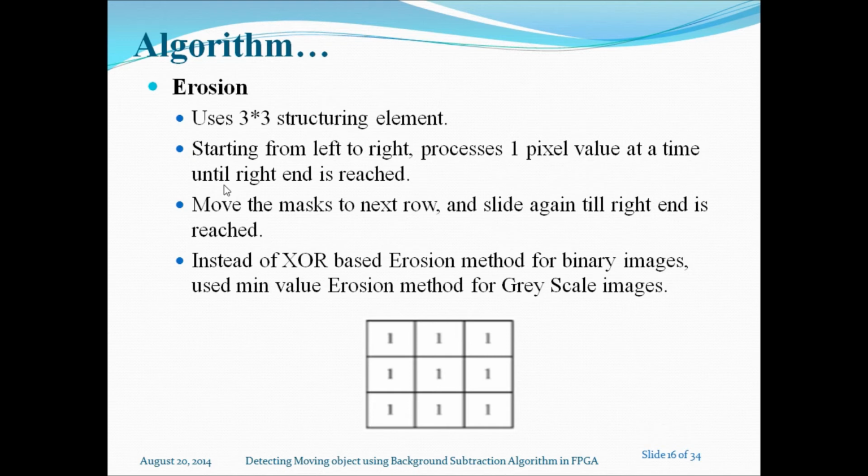Instead of using the XOR-based erosion method for binary images, we have used the minimum value erosion method for a grayscale image. Here for each target pixel that we want to put in the segmented image, we look for the minimum value of the 8 neighboring pixels and the target pixel, and then replace the target pixel with the minimum value.